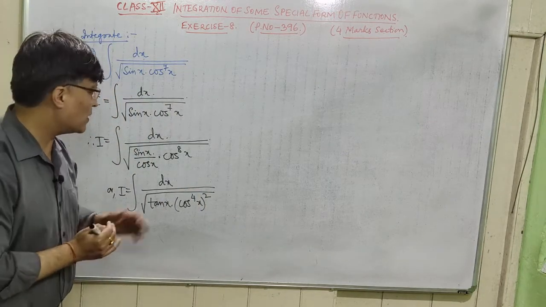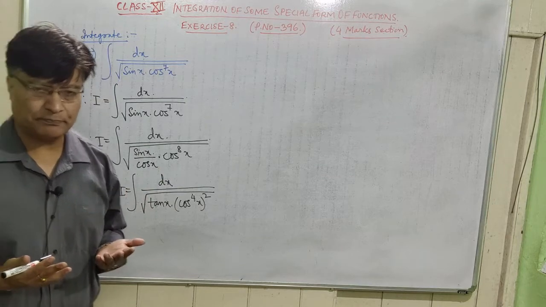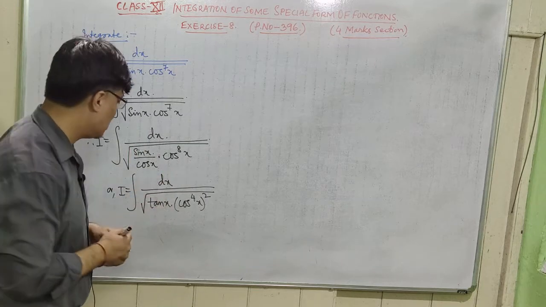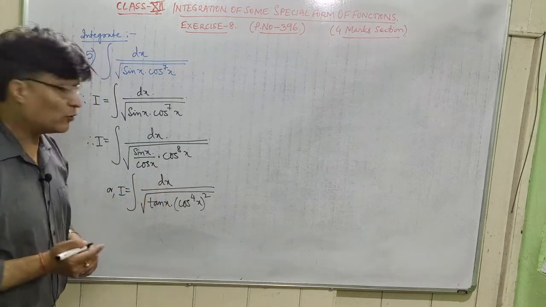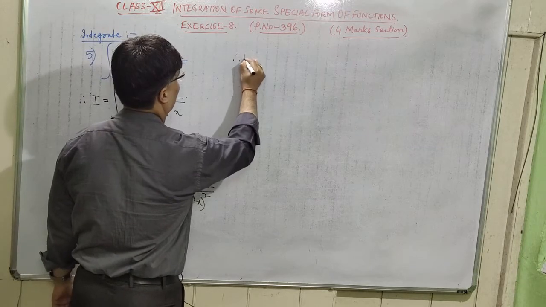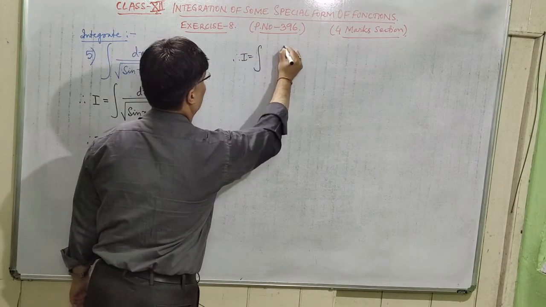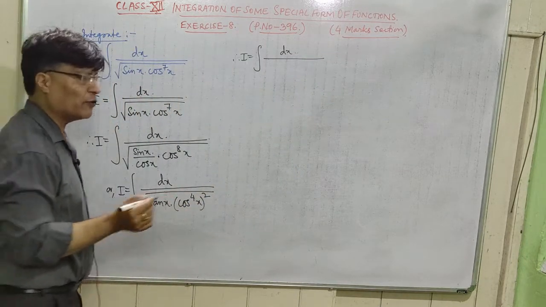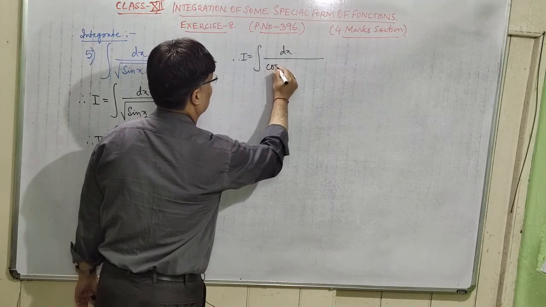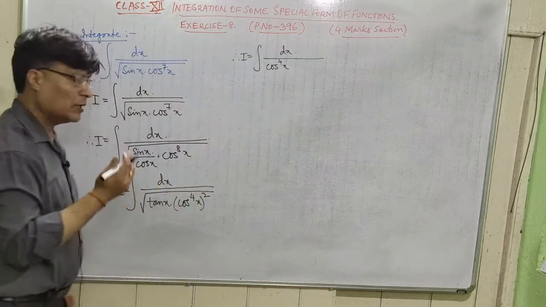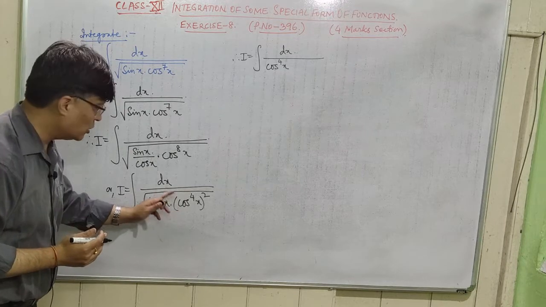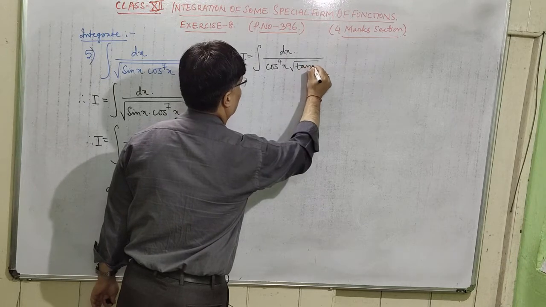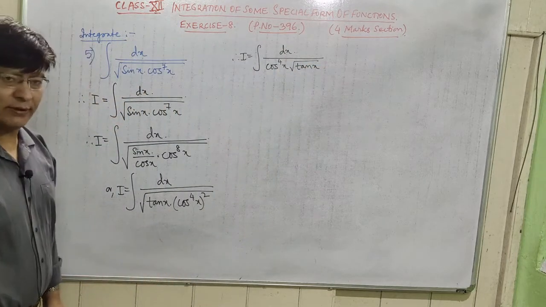Now you can easily get the square root: the square root and the square cancel, so you get cos to the power 4x into root over tan x.